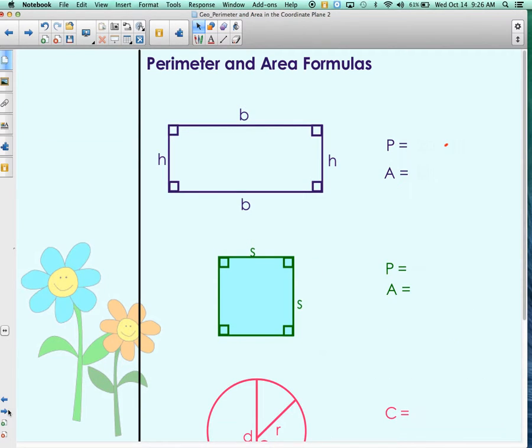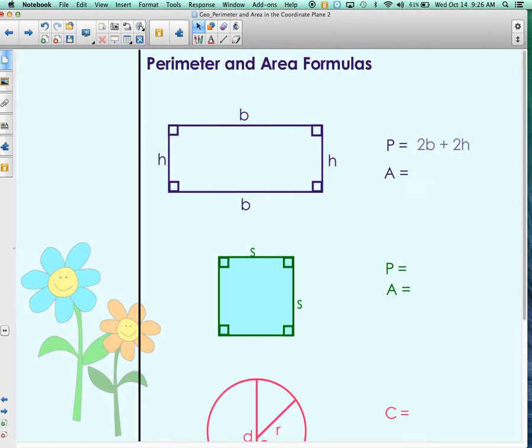So, perimeter and area formulas. I'm guessing you probably know most of these anyways, but for a rectangle, I would have a base and a height. Perhaps you called them length and width before. Same thing.